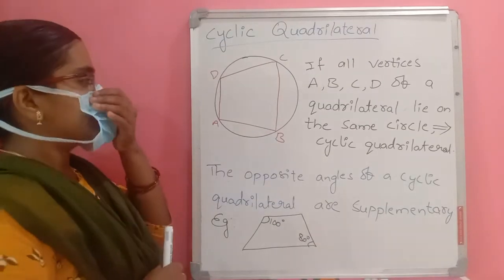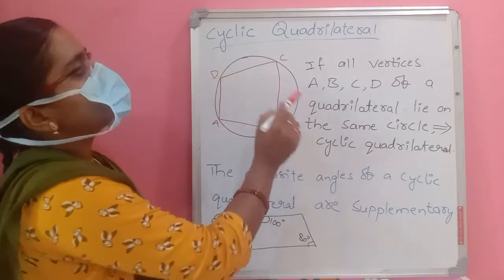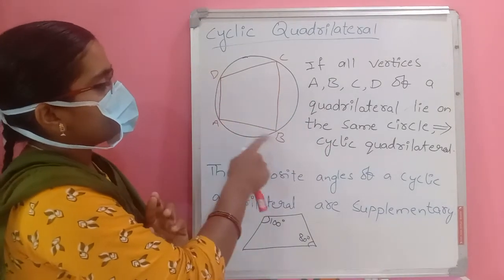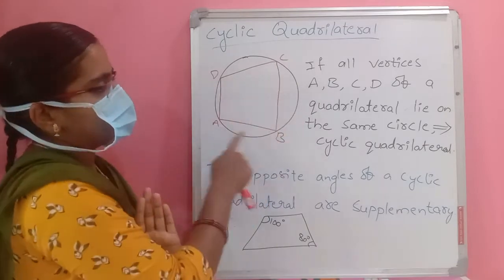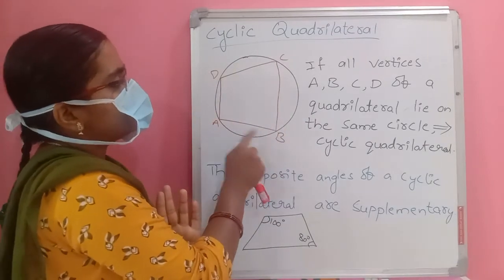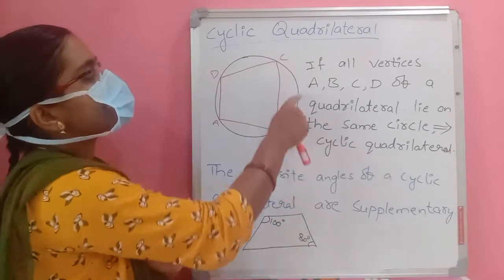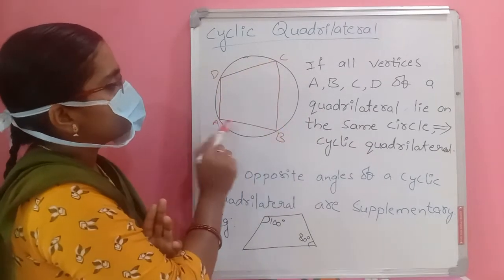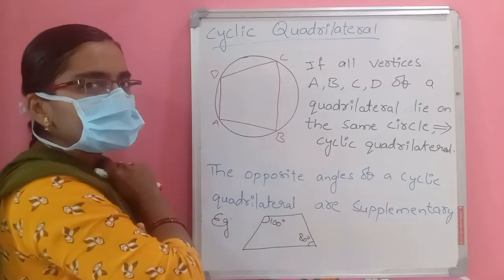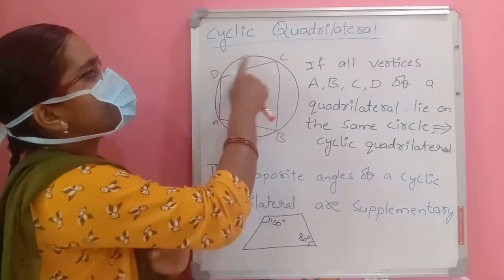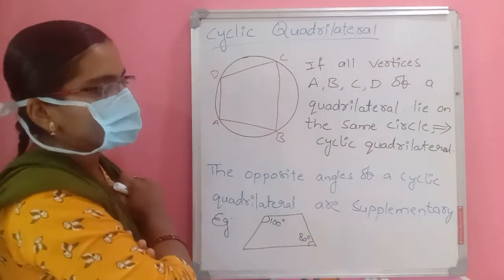Cyclic quadrilateral. Cyclic quadrilateral means that all four vertices A, B, C, D of a quadrilateral lie on the circle. Then this quadrilateral is called a cyclic quadrilateral.